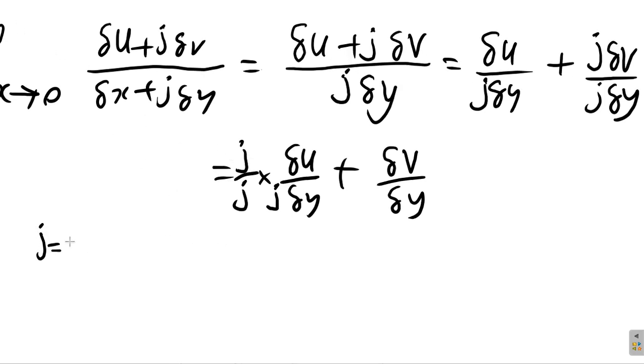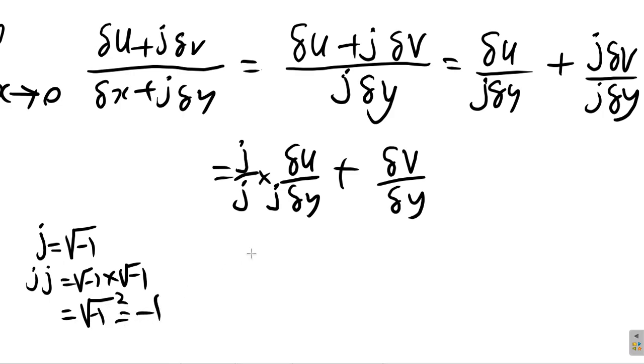J is the square root of negative 1. So j times j means the square root of negative 1 times the square root of negative 1, which means the square root of negative 1 squared. So what is the square root of negative 1 squared? It is negative 1. You see that?